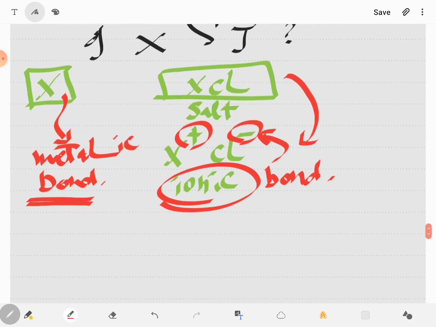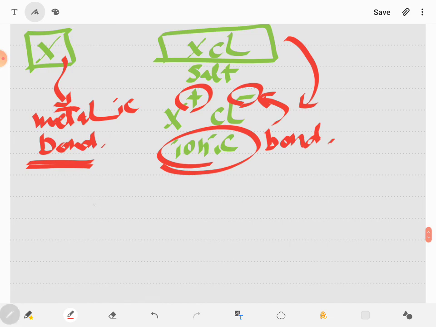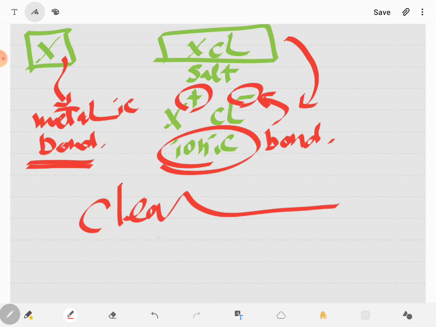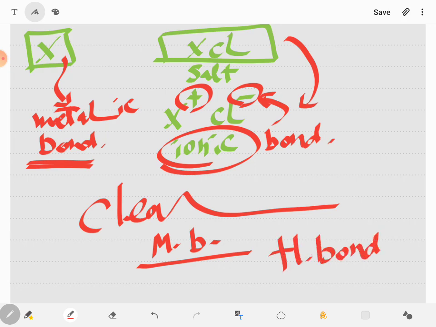I think now it's clear. This is the first type of physical bond, which is metallic bond. Later, inshallah, I'll talk about hydrogen bond. Thank you. See you next time.